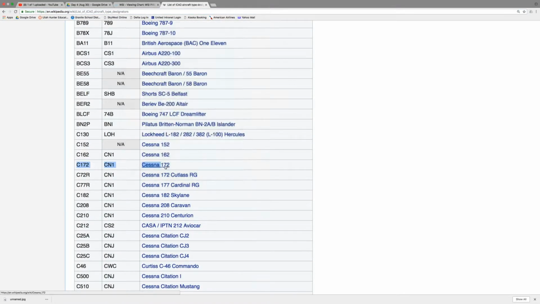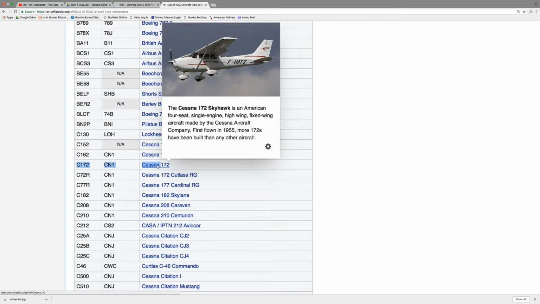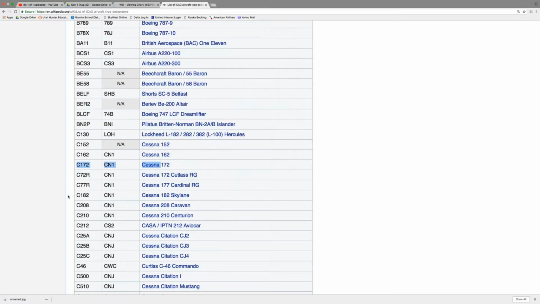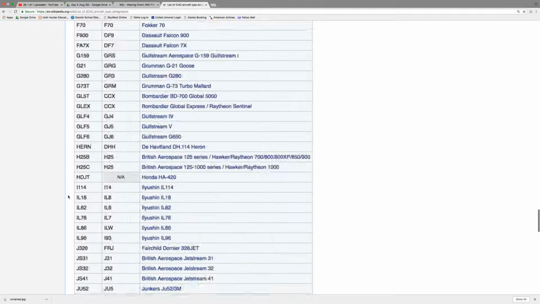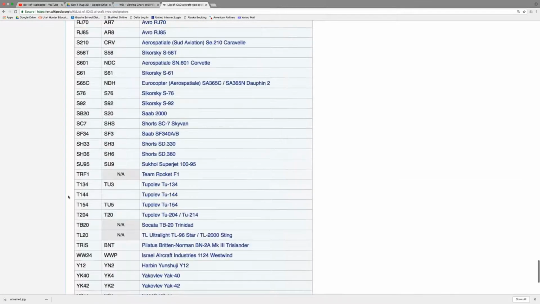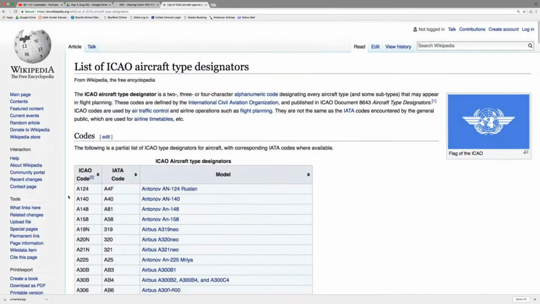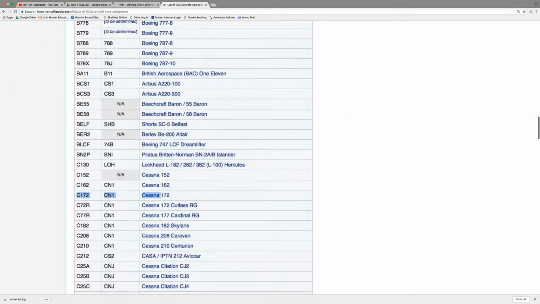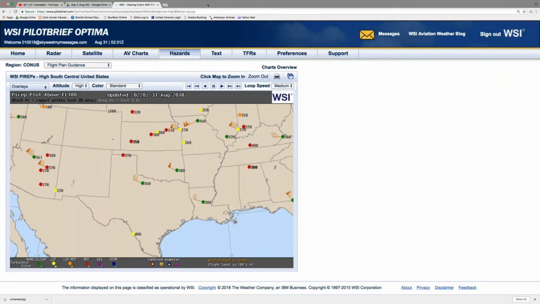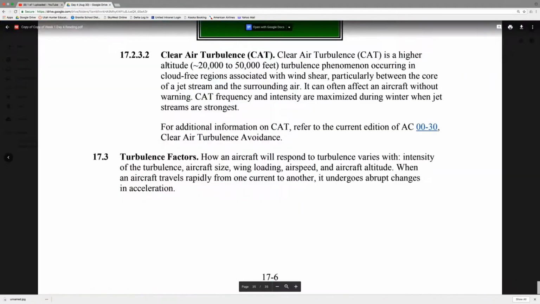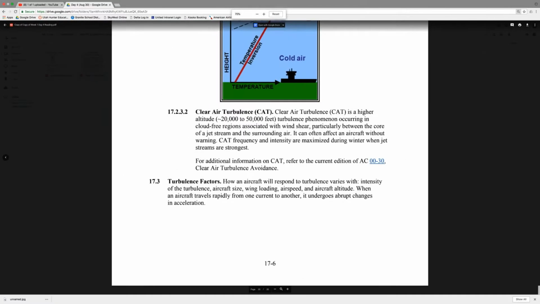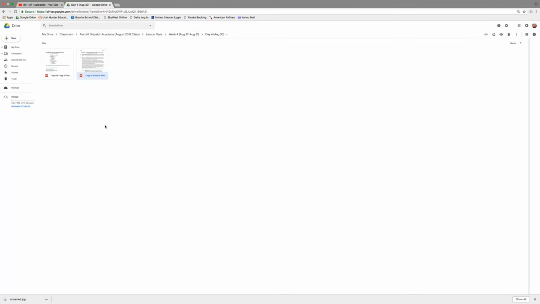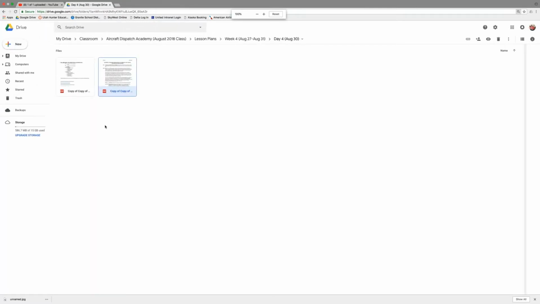Cessna 172, there's Grandpa. But anyways, I would look them up all the time. If I didn't know what they were, I'd be like, what kind of airplane is that? You do a quick Google search and you're like, oh, I should probably tell my pilot he's going to have some turbulence coming up. Or sometimes if you're super busy, you just forward the PIREP over to the pilot and let him decide if it's applicable or not.